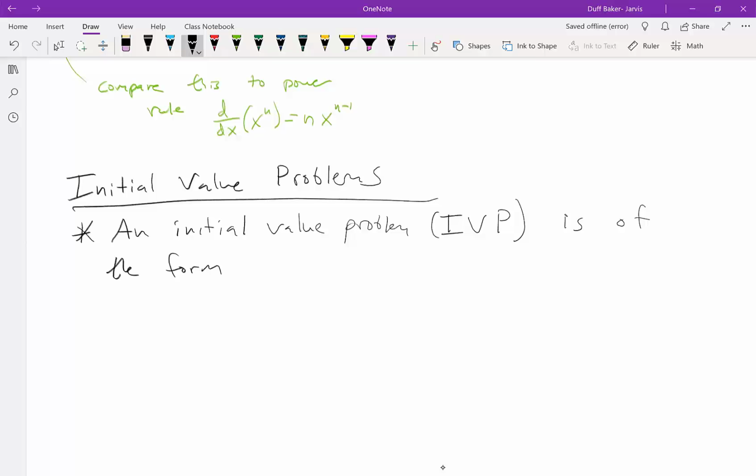They're most normally written as: you have a derivative that is given to be something. Like you're given the derivative of the function, so the derivative is some function f of x. And you're given a second piece of information. So you know that the derivative is some equation, and you know one point on the function.